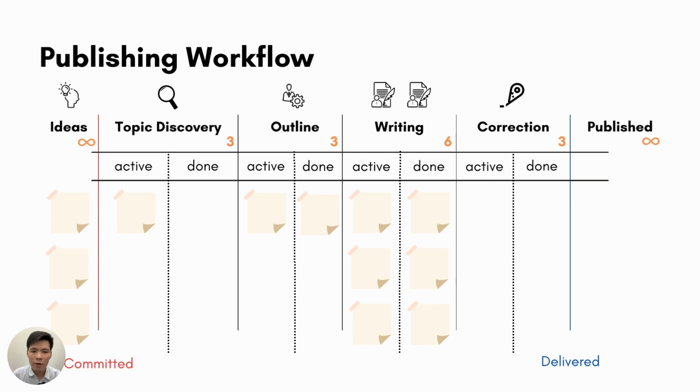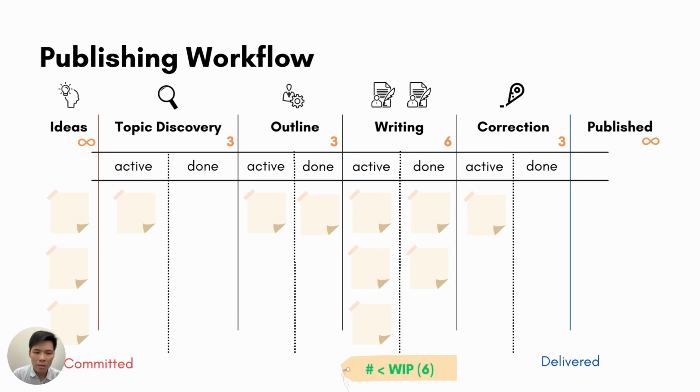Once you have set WIP for each phase, start assigning the items to their partners and observe some common scenarios. For example, in writing mode, its WIP is 6, and there are 6 items in the phase. No matter whether active or done, no items can be added into the stage unless a writer pulls an item to the next mode.